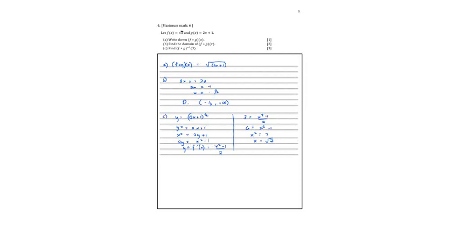For letter B, write the domain of f of g of x. Solving f of g of x, which is the square root of 2x plus 1, we shall have g of x must be greater than or equal to 0. Otherwise, we will not be able to get a real number where our inner function is negative.